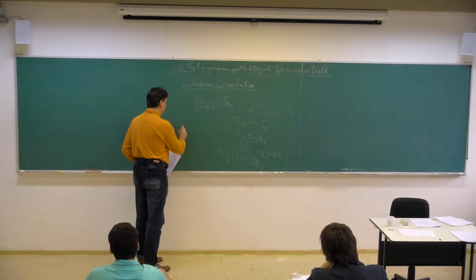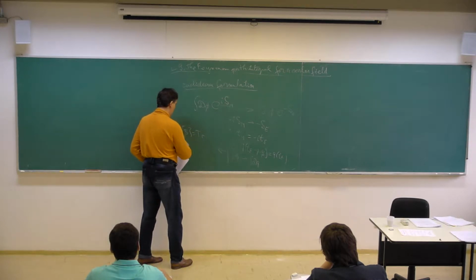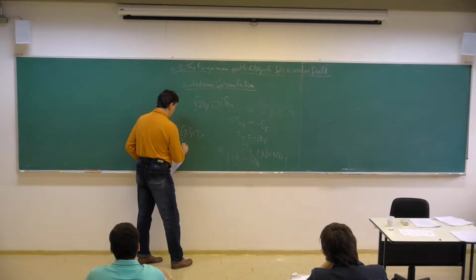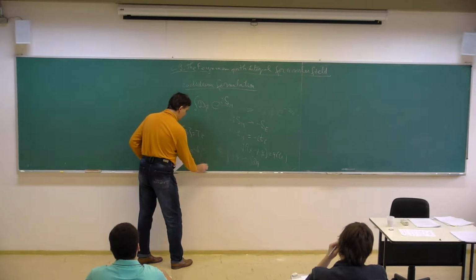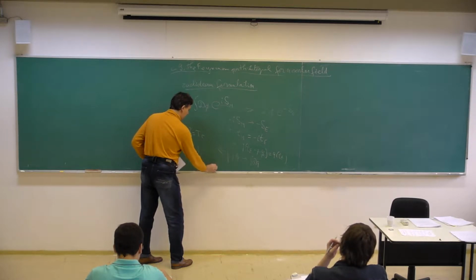And for this path integral, we obtain, actually, so this would be the integral of dq e to the minus S for q of t plus beta equal to q of t.